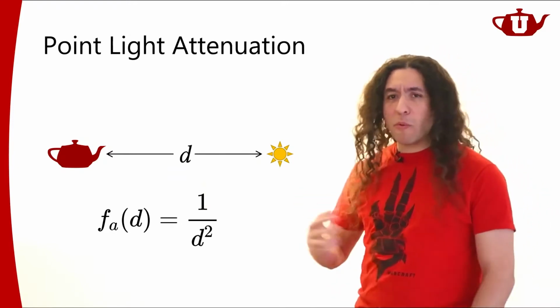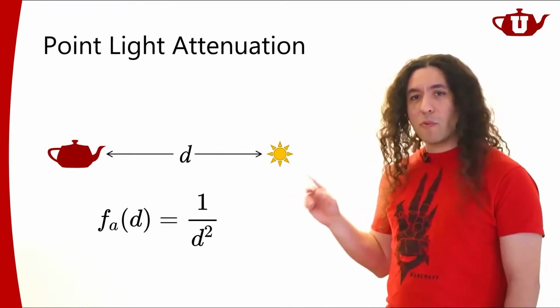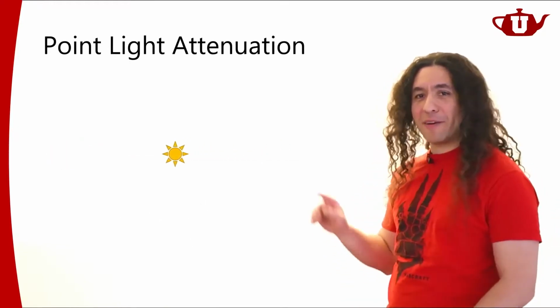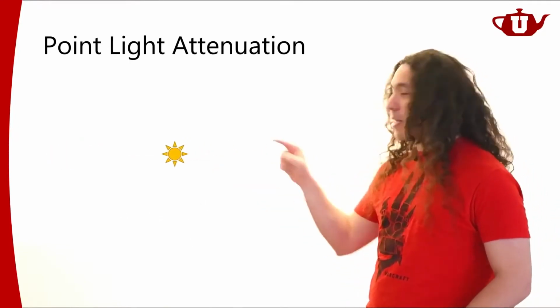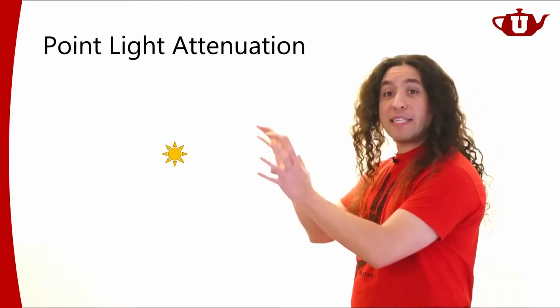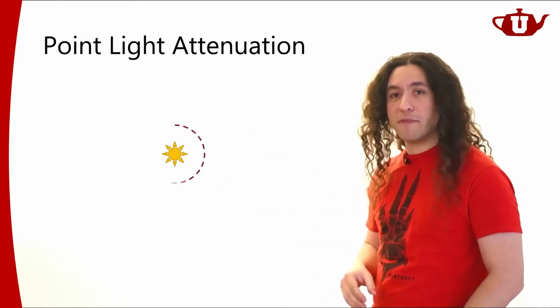Actually, there are multiple ways of deriving this formulation. The simplest one, specifically for a point light source, is what I'm going to talk about. If I have a point light source at a point, imagine that I put a sphere around this light source. Imagine I cover this light source with a sphere.